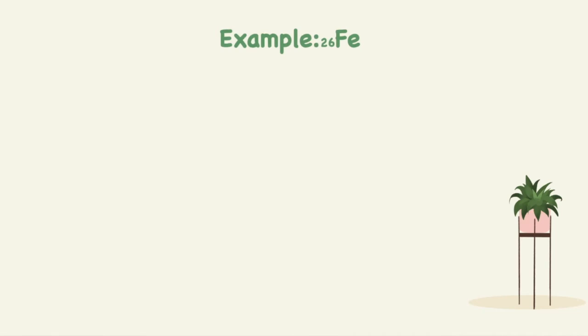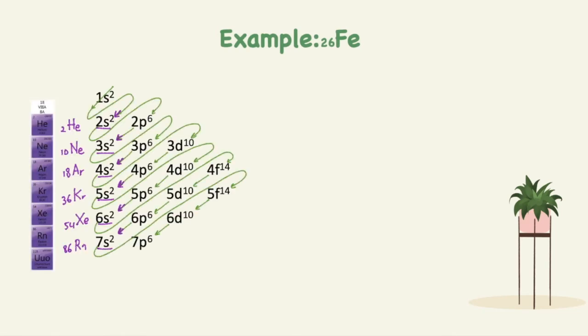Okay, let's practice. We have ferrum with 26 electrons. We can shortcut this configuration using a noble gas which has fewer electrons than ferrum. The nearest one is argon, so we will shortcut with argon. If we shortcut ferrum with argon, we don't need to write from 1s; we write from 4s2. Argon has 18 electrons.